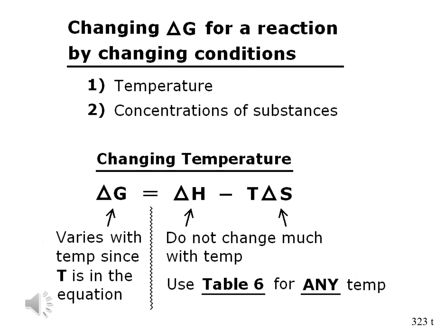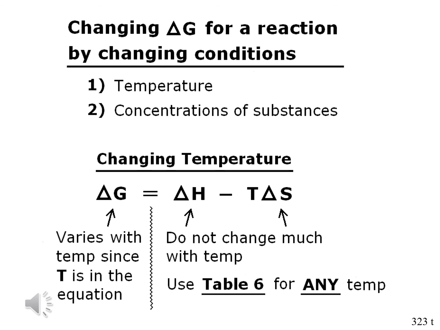So the question is, if delta G definitely changes with temperature because T is in the equation, the thing is, if H and S also changed, you would now have three variables. But what people have found for chemical reactions, H and S do not change very much with temperature.